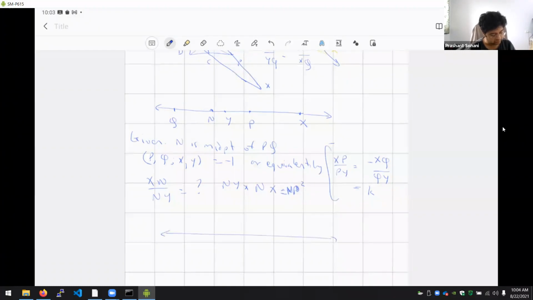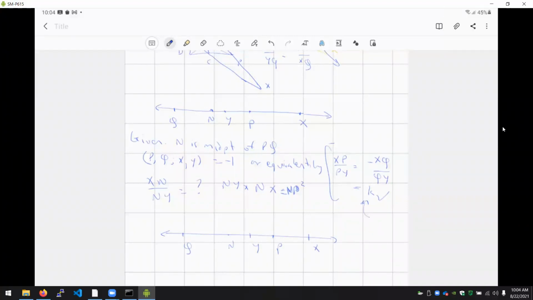Any points X and Y you choose in the plane, if I know this ratio k, then the position of point P is going to be fixed, and the position of point Q is also going to be fixed. And naturally, if P and Q are fixed, the midpoint N is also fixed. So the whole question can be written in only one variable, which is k. Do you understand that part? Yes, sir. Okay.